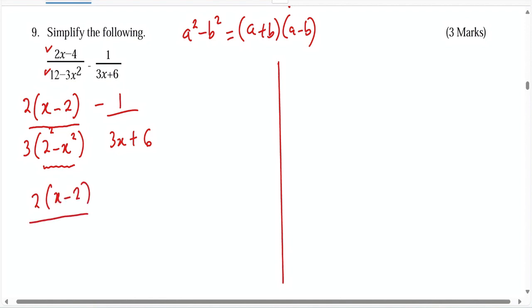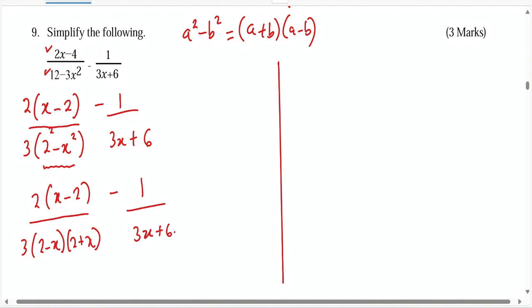So at the end of the day pia utapata kitu kama hivi 3 into bracket 2 minus x na 2 plus x. Usije ukaandika x minus 2, they are different things. Sawa? Minus 1 over 3x plus 6.